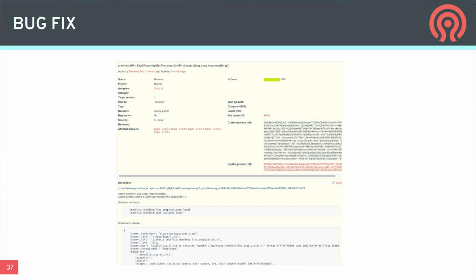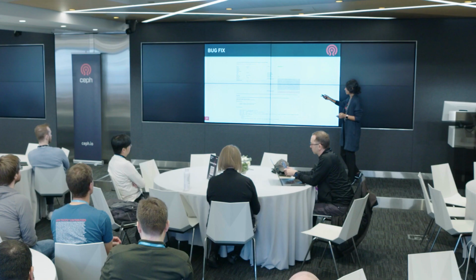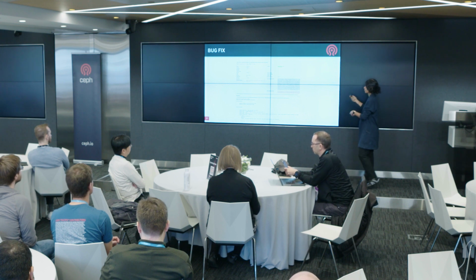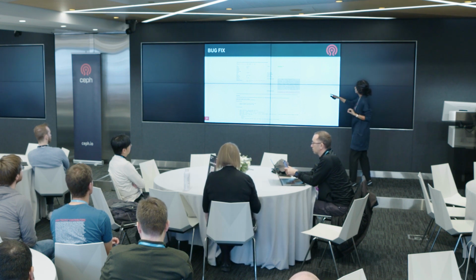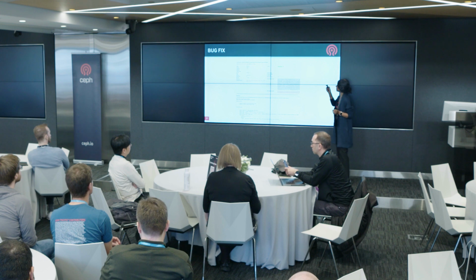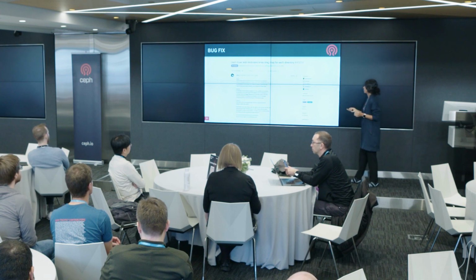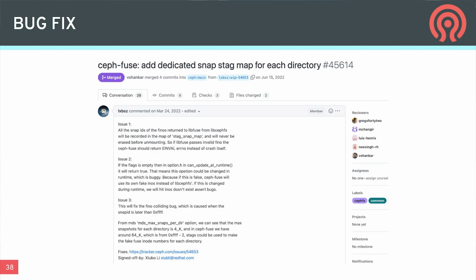And then it has an example of a raw crash report and a link to the dynamic dashboard where the engineers can look and have some more details. Here there's a pull request that had that issue fixed.